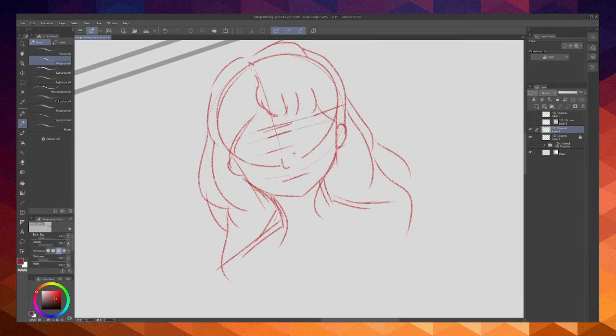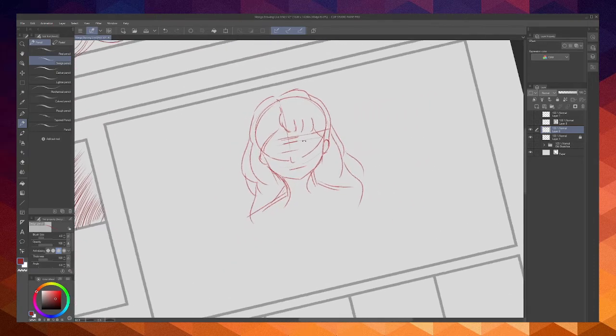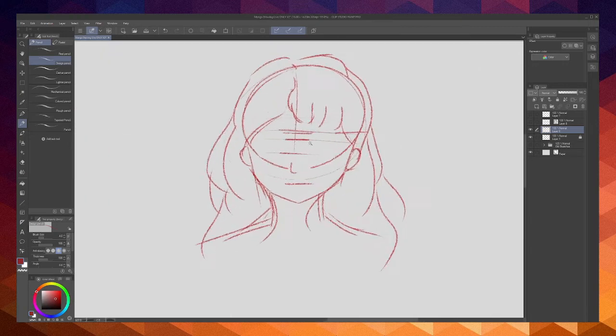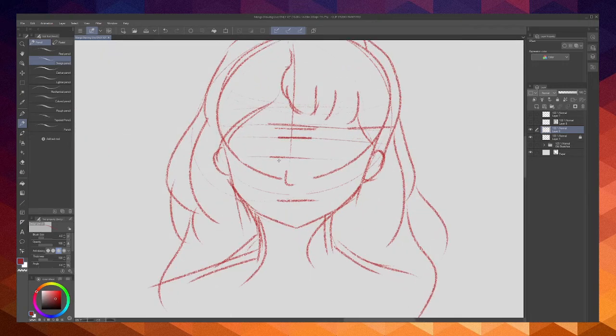A face without eyes always feels very traumatizing. Almost feels like there's something inherently missing. Let's see. I'm going to switch over to the eyes real quick. Let's see which ones I should use.